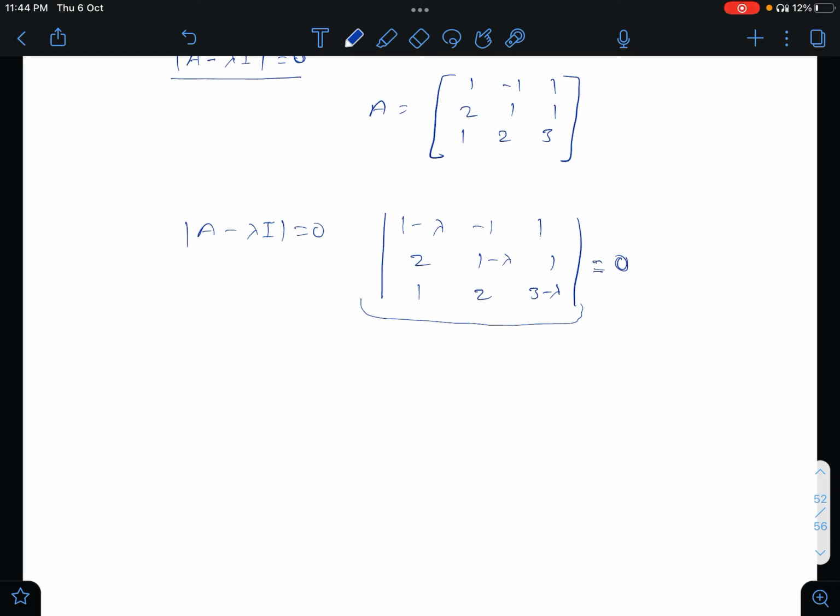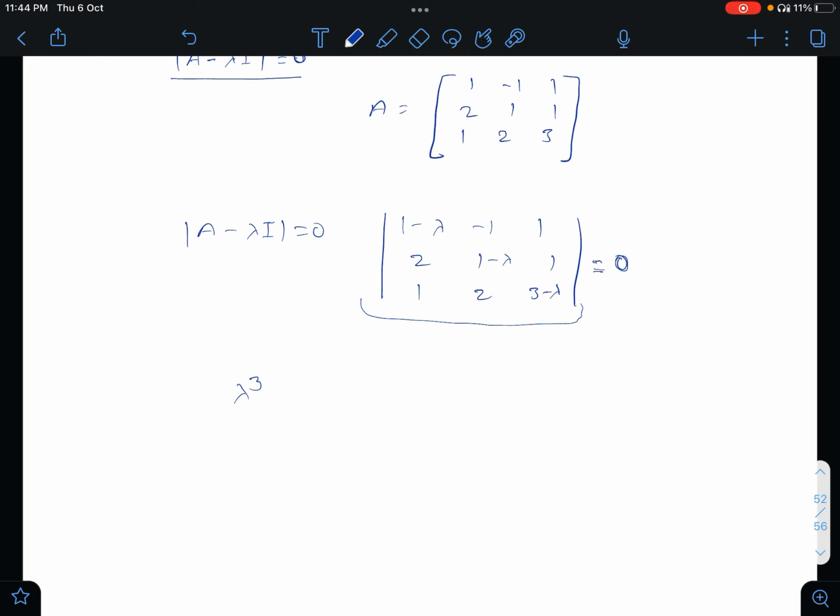We could expand this determinant, but that method is prone to calculation errors. So I will suggest a short direct method to find the characteristic equation. Let us discuss that.